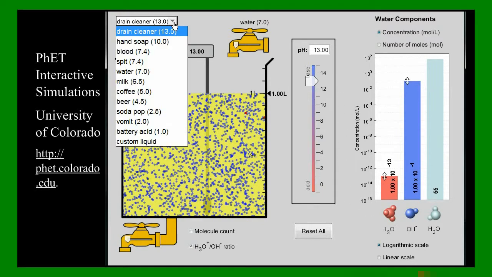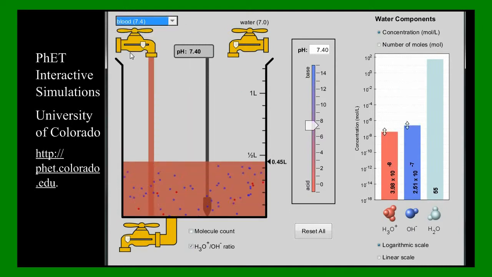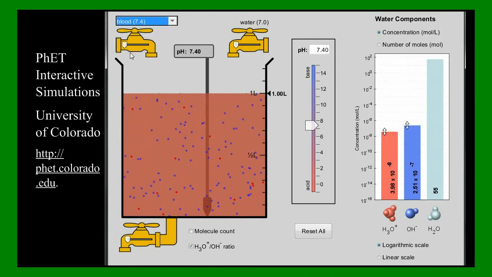In fact, if we were to look at something like blood in your body, it's slightly basic, just above 7. Notice the hydrogen ions are slightly less than our hydroxide ions. Also, the image looks red because it's blood, but you notice there's some more blue dots than red dots.